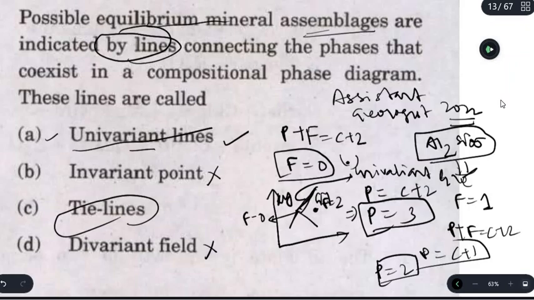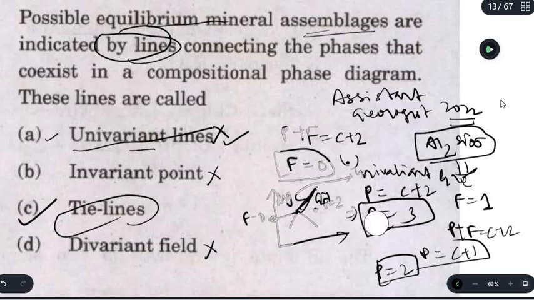These are the mineral assemblage present along that line. Clear? But the thing is, these are not connecting the same compositional phase. Are you getting my point or no? So the answer will be tie line, not univariant line.